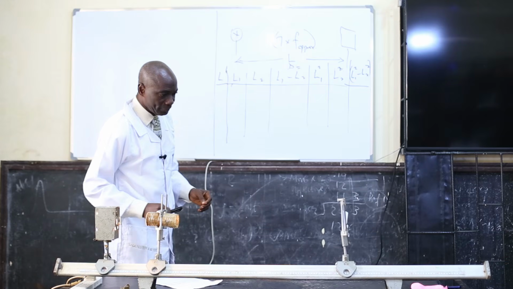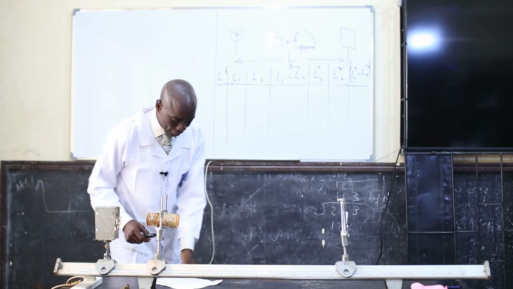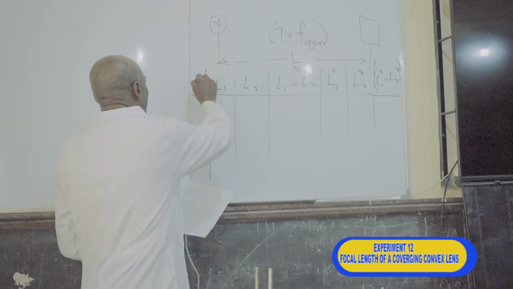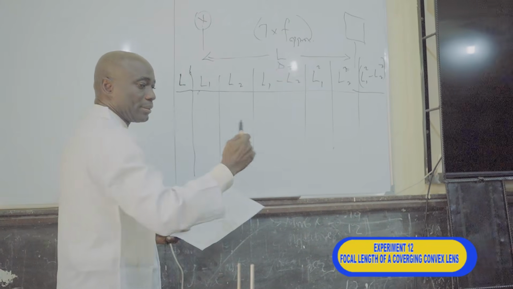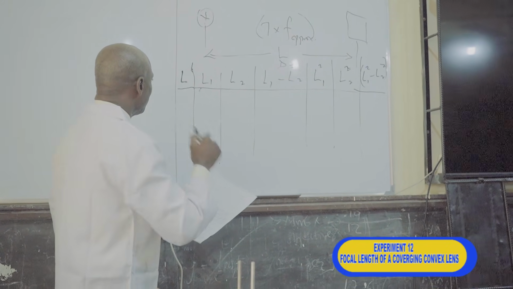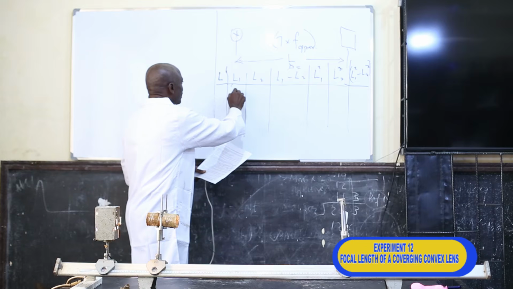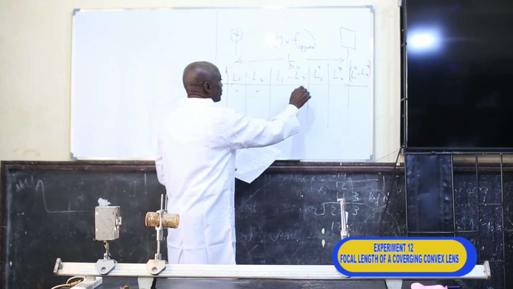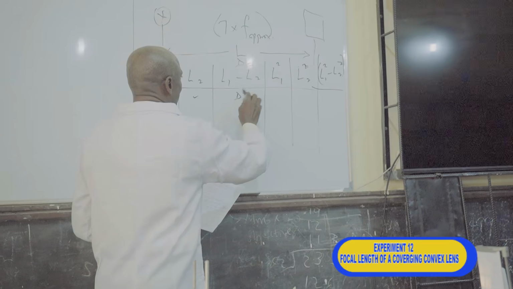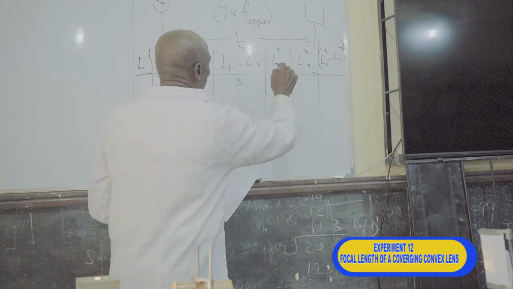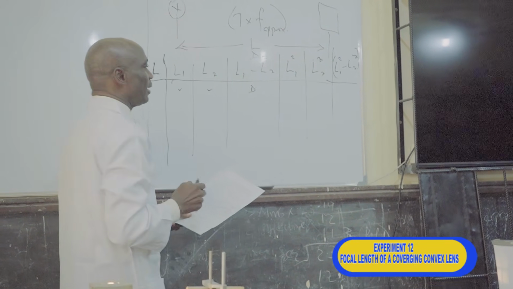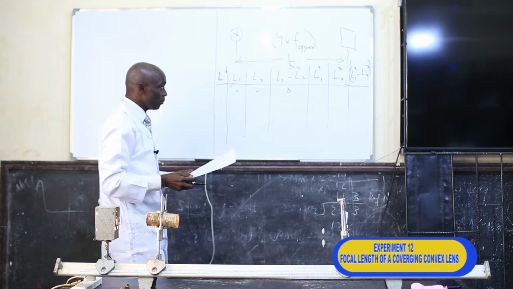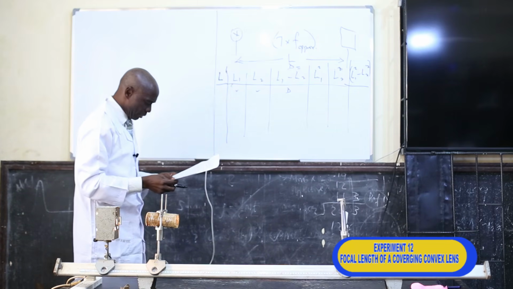So we record the value of L for each step, with the corresponding L1 and L2. Then you have L1 minus L2, which is of course our D, then the square of L1, the square of L2, and L1 squared minus L2 squared.